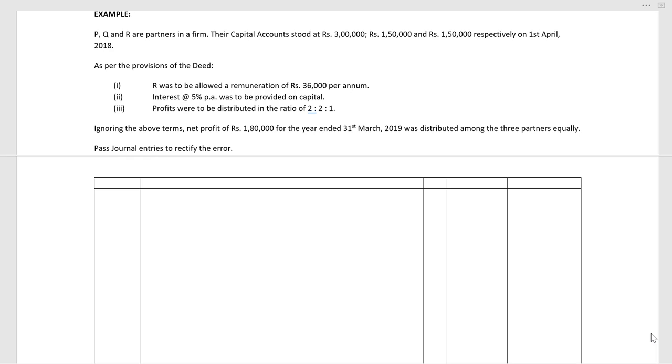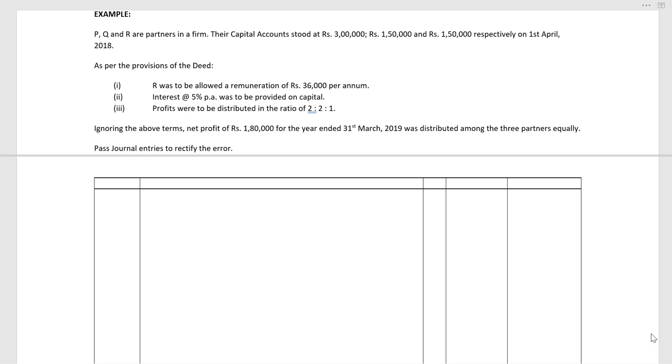And the third mistake, interest at 5% per annum on the capitals of the partners. For P it's rupees 3 lakh, for Q it's rupees 1,50,000 and for R also it is 1,50,000. This interest on capital has not been provided. Now our approach to the problem would be to reverse the profits in the wrong ratio, allow the remuneration to R and also allow interest on capital.